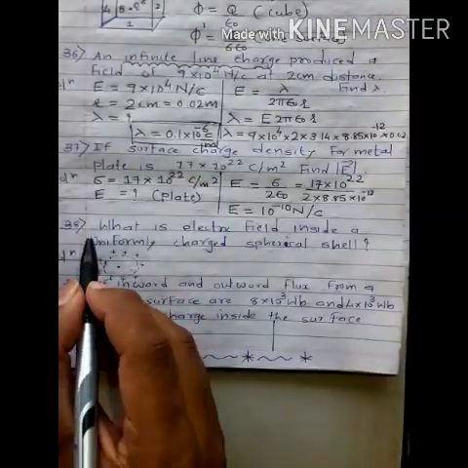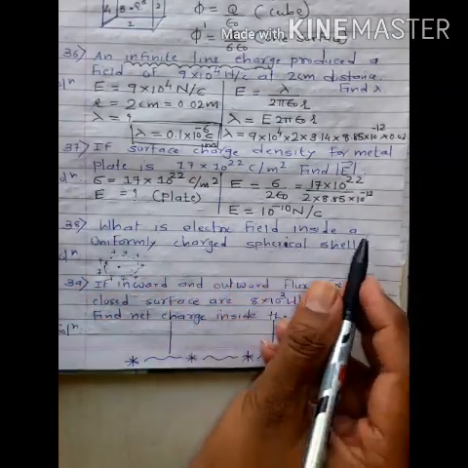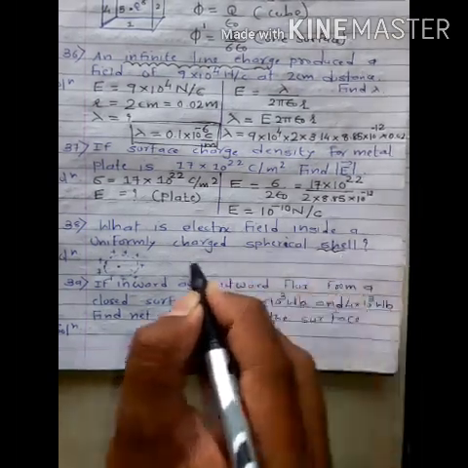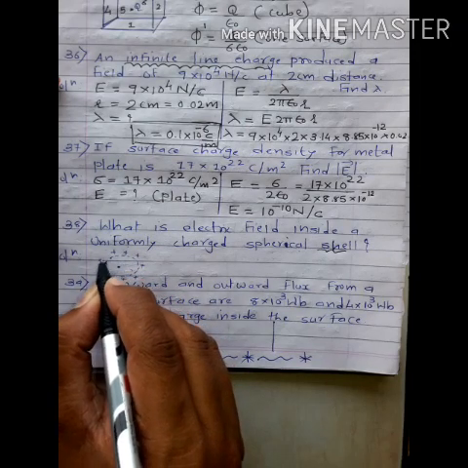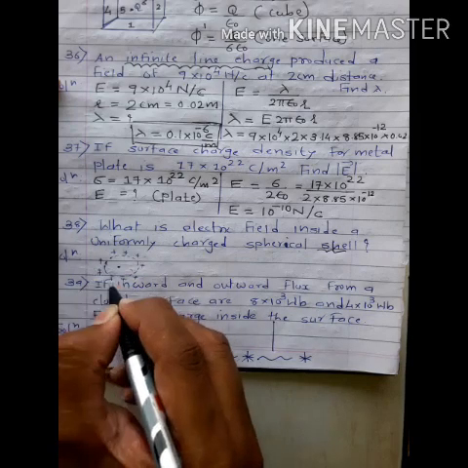MCQ number 38. What is electric field inside a uniformly charged spherical shell. So here we have spherical shell. Here positive charge is uniformly distributed outside the shell.